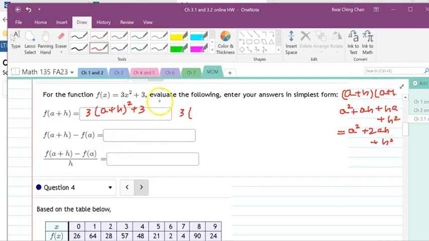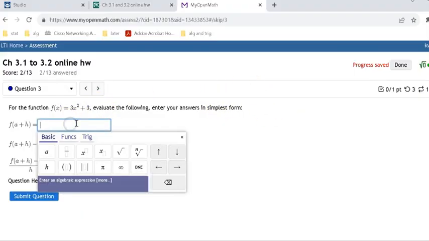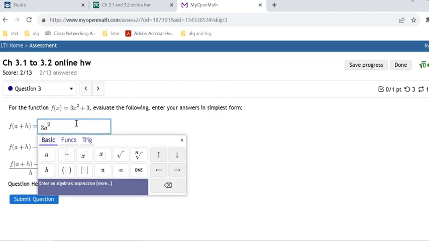It's always like that. So we would have 3 times (a squared plus 2ah plus h squared) plus 3. Then you just distribute: 3a squared plus 6ah plus 3h squared plus 3. And that is f of a plus h. It's really long.